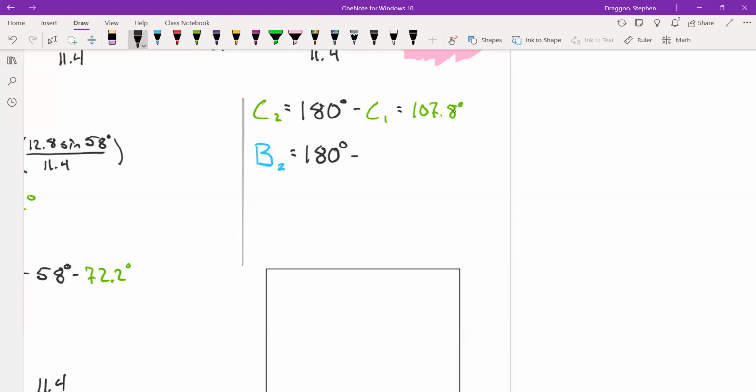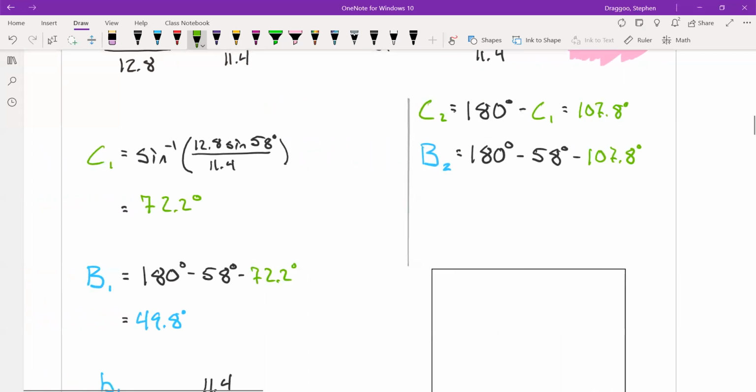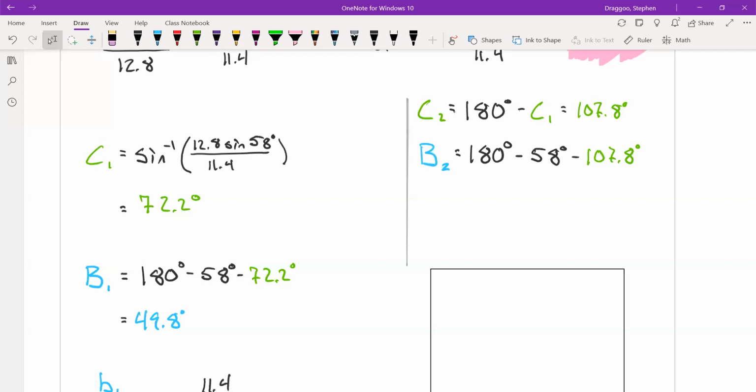It looks pretty similar to our calculation for B1, 180 minus A minus C. But this time, C should be 107.8 degrees instead of the 72.2 degrees it was last time. So I want to plug in C2 instead of C1. Plug that into a calculator to get 14.2 degrees.